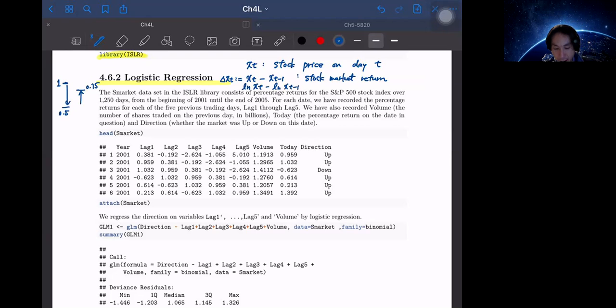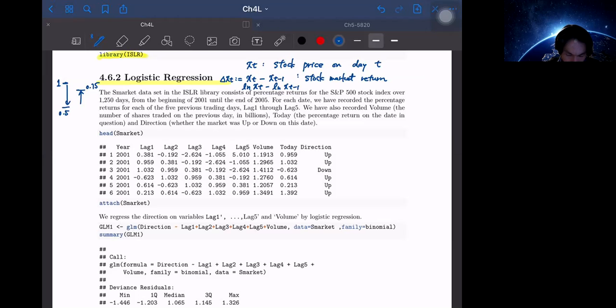This is almost the same as the growth rate, for example 0.01 if the stock price is up 1%, and it is also symmetric. If one day delta X_t is 0.5 and the next day negative 0.5, then X_t returns to the original level. So this is often used.